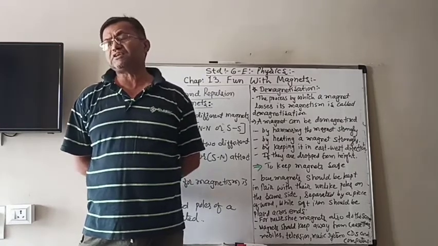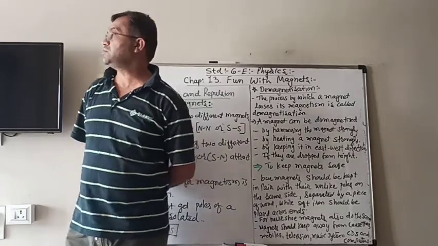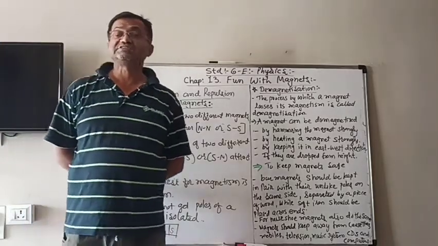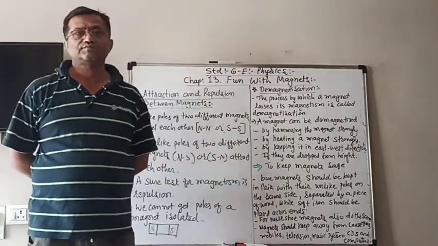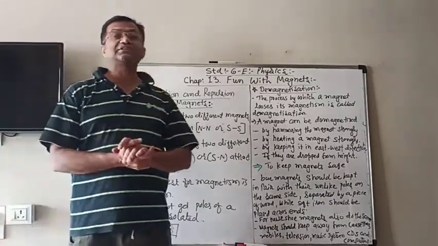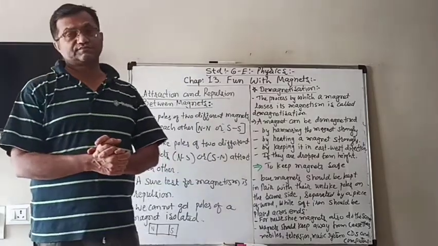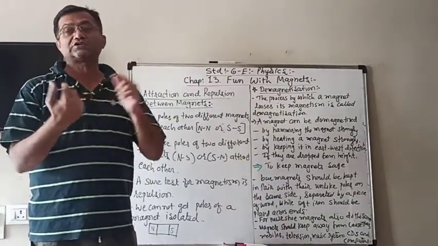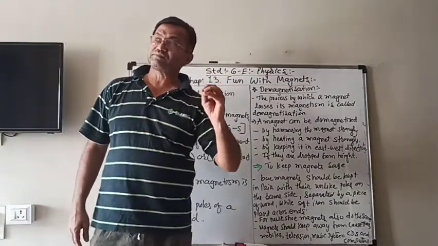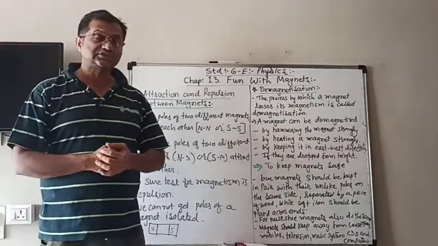In last session we saw that magnets are used to decide the directions. Because the property of a magnet is that when we suspend it to rotate freely, then it always comes to rest in the particular north-south direction.